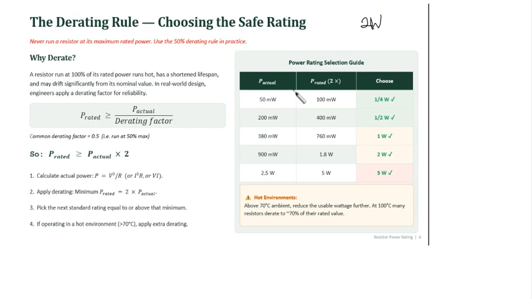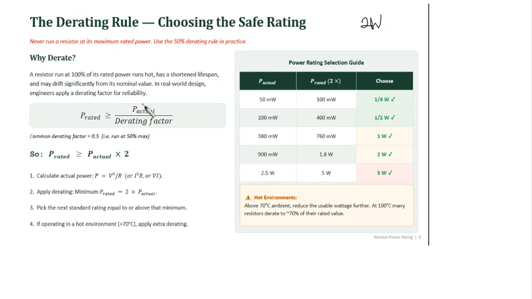Now the rated power should be greater than or equal to the actual power divided by the derating factor. This is the formula to use in determining the resistor to safely choose for a particular application.